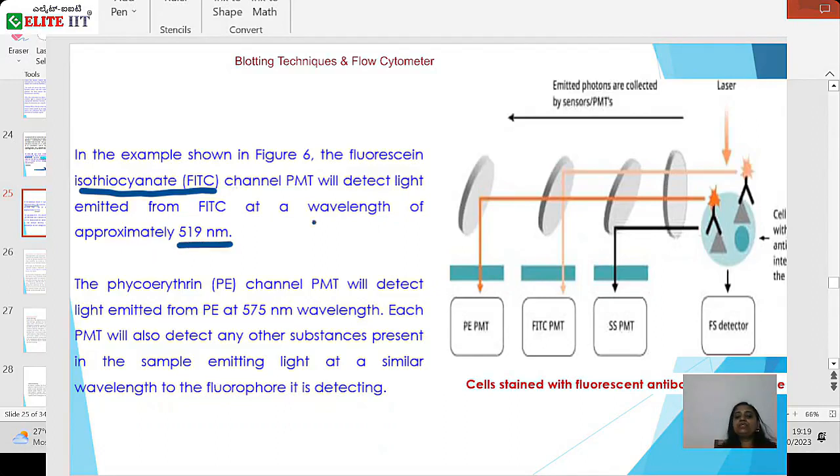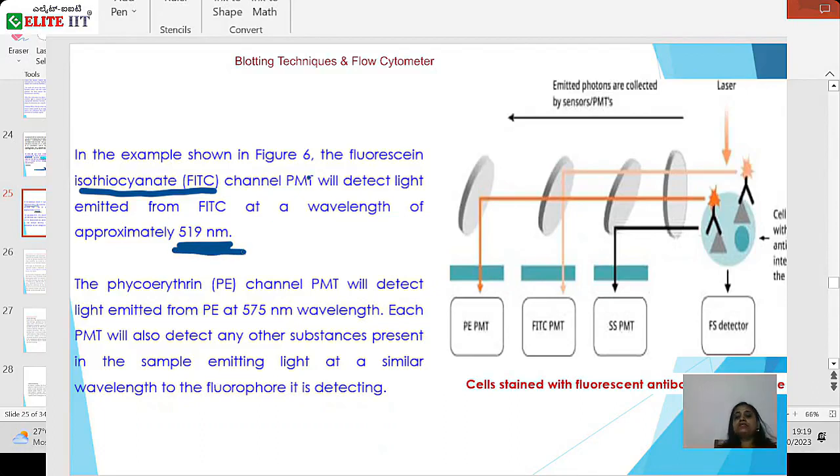So what I told you, in case of multicolor emission system, what is happening? In that case, multiple wavelengths are involved for the multiple fluorophores. So FITC is actually emitting light at 519.